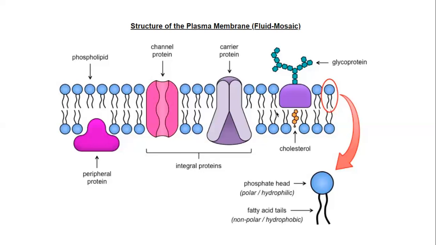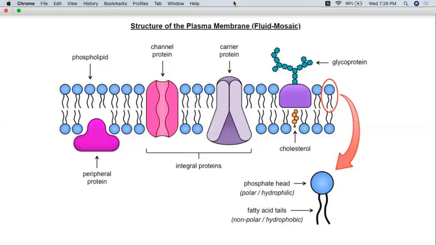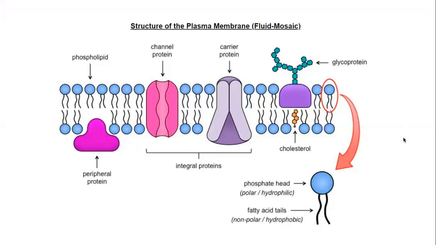So we want to make sure that we have some molecules that can disrupt those London dispersion forces if they happen, and keep this membrane fluid so that we can allow things in and out. And then this is a glycoprotein, and we'll talk about this in our carbohydrate lecture.